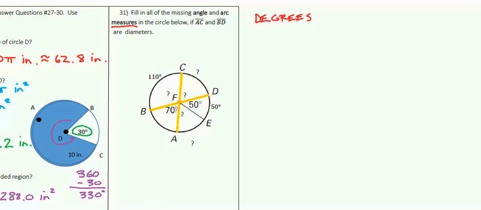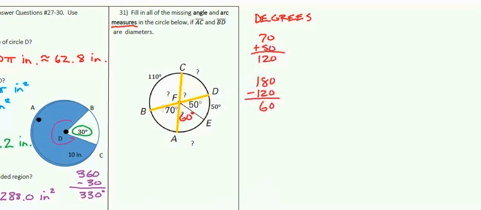If we know that 70 has been used up here and 50 has been used up here, all we have to do is take 70, add 50, and we have 120. And now we can take the fact that we know that this whole part here is a semicircle. That's 180 degrees minus 120, and that leaves us with 60 degrees. And that means the measure of this angle right here is 60 degrees.